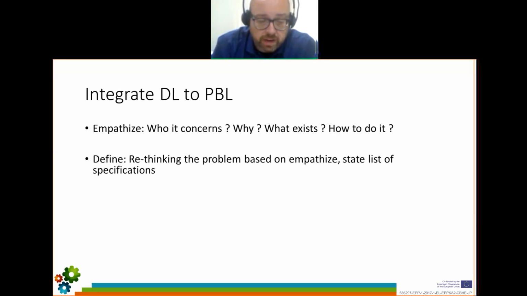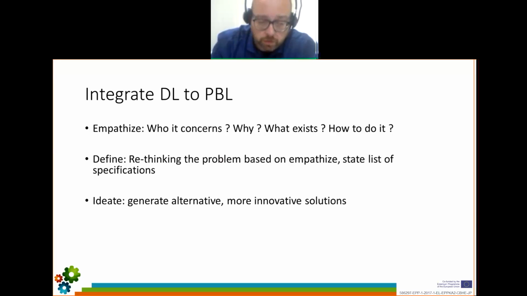Then in the define phase, you're trying to rethink the problem which has been given to you, based on what you found in the empathize stage, and state a list of specifications for your problem. Then in ideate, now that you have the specifications, you generate alternative and, ideally, more innovative solutions.